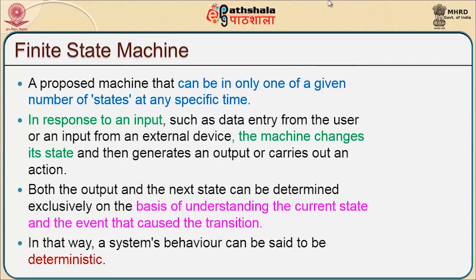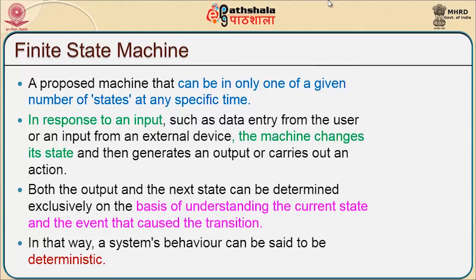The second methodology for specifying requirements is plotting a finite state machine. To understand a finite state machine, it is a proposed machine that can be in only one of a given number of states at any specific time.